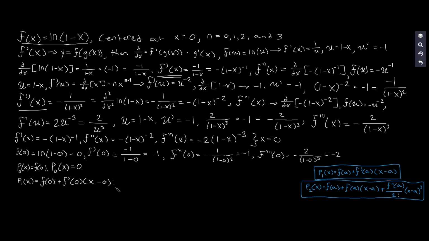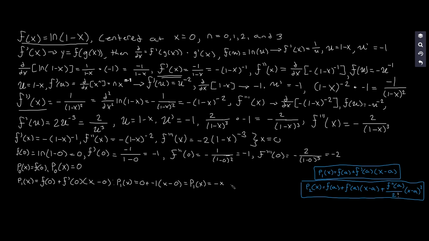Well, that's going to turn into p sub 1 of x equals 0 plus negative 1 times x minus 0, and that's going to equal p sub 1 of x equals negative x, right? Negative x, yes.